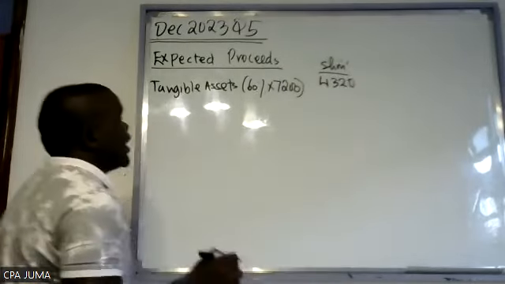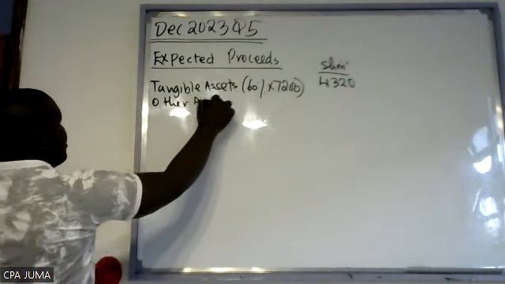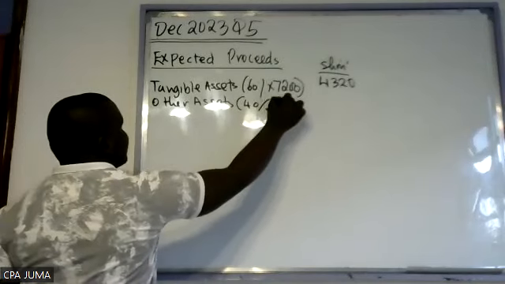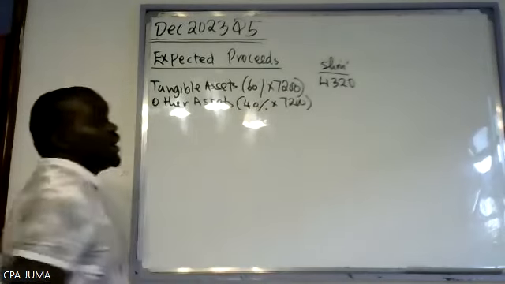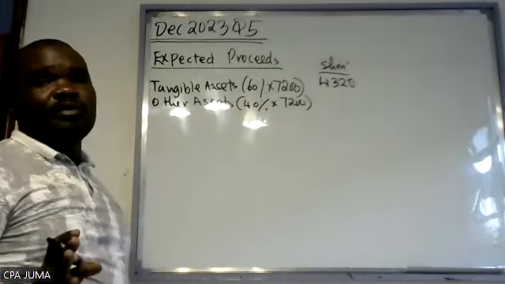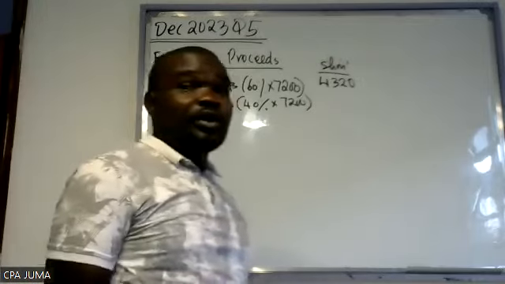It means the remaining assets, the other assets, the difference, is 40% of that 72. A student could just take 72 from assets and write it at once, there is no problem. I'm just trying to split it.